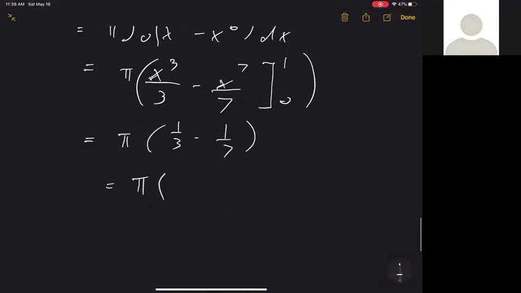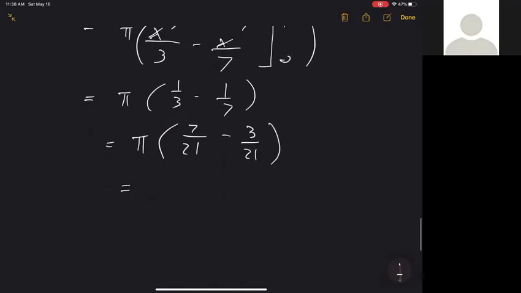Let's see, common denominator 21, so 7 over 21 minus 3 over 21, right? So 4 over 21 times pi should be our final answer.